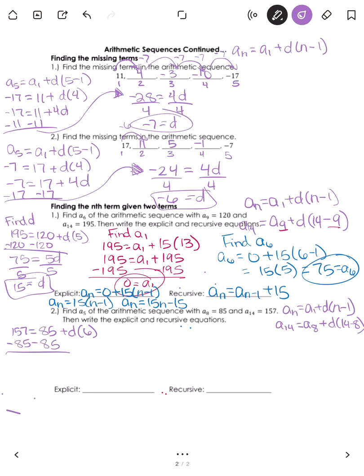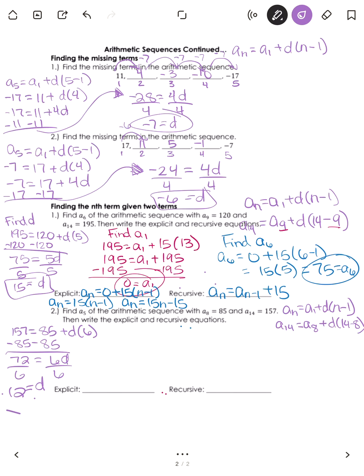When I do that, I don't have a calculator with me. I get 72 equals 6D. I divide both sides by 6. I get D equals 12.